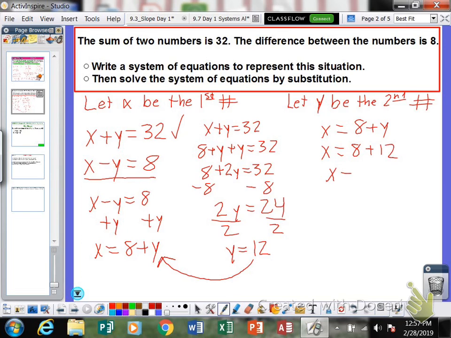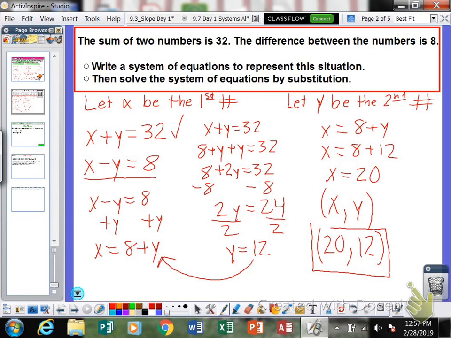We're going to get x equals 20. And that is my first number. Because like we said, we let x be the first number. So now we have our x and our y. We want to write them as an ordered pair for our solution. X comma y, we know our x is 20 and our y is 12. And that would be our solution here.